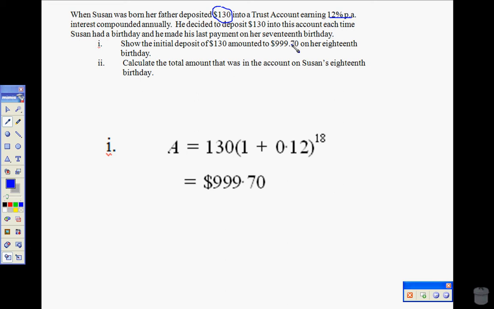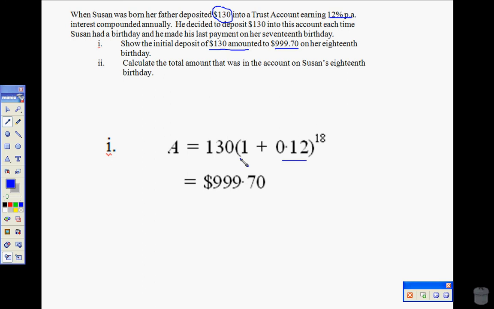So, the first part of the question is really just compound interest, because it says show that the first 130 comes to that amount on her 18th birthday. So, if it's deposited when she's born, then after 1 year, when she turns one, the amount's been in there for a year. So once she's turned 18, the amount's been in there for 18 years. 12%'s been the interest rate.